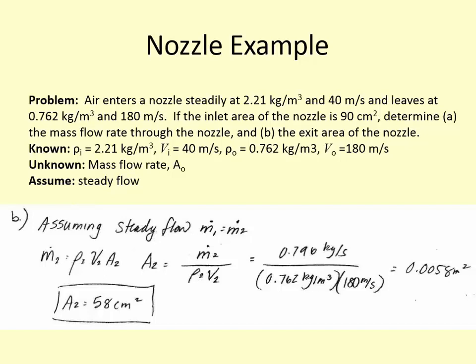So area 2 is equal to m dot 1 divided by the density of the outlet multiplied by the velocity of the outlet. So m dot 1 over rho v2.